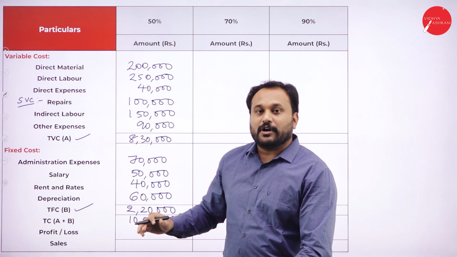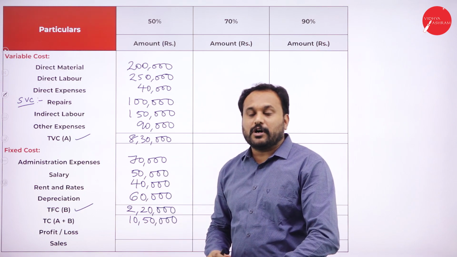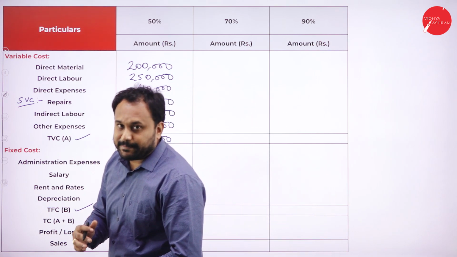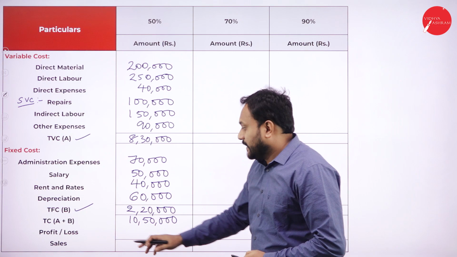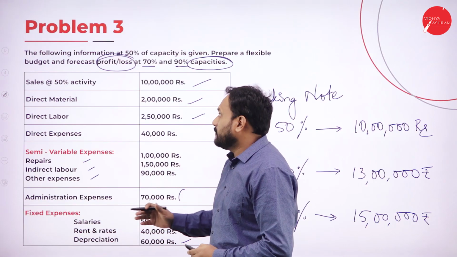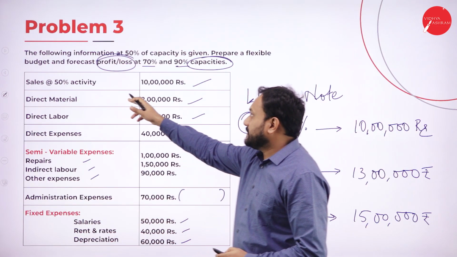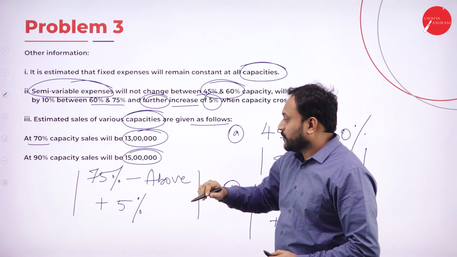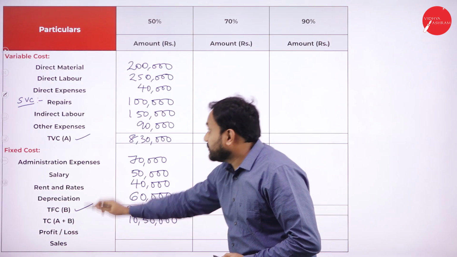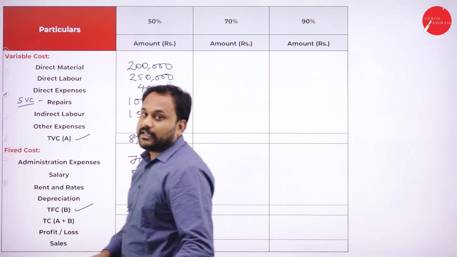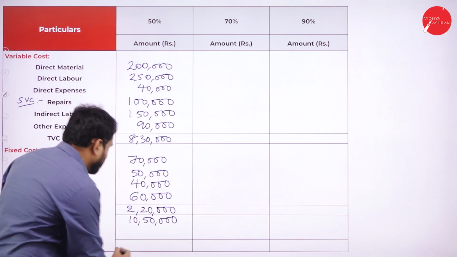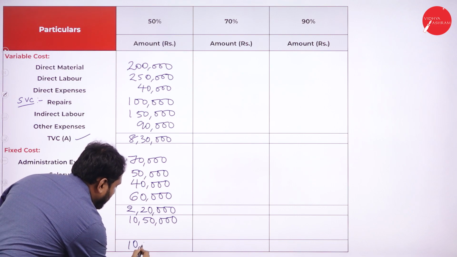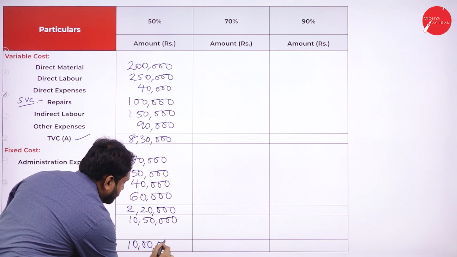We don't know whether it is profit or loss, but in our problem, students, at 50% capacity, what is the estimated sales? Problem says sales at 50% activity is 10 lakh rupees. So we'll write here sales for 50% capacity is 10 lakh rupees.